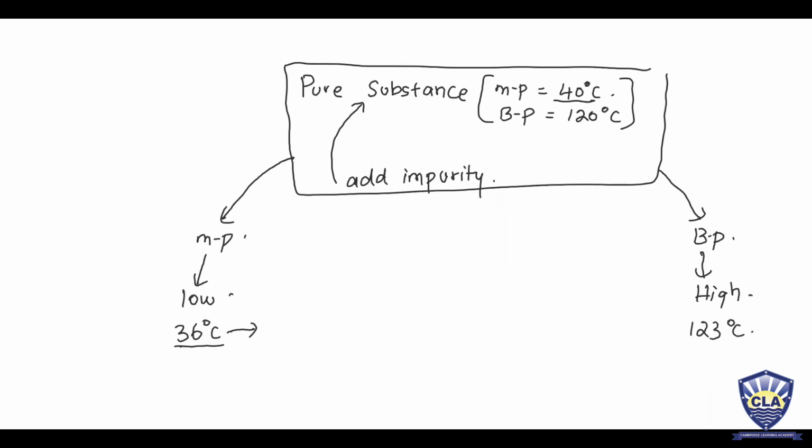I am just giving you one example in our daily life. If you take pure water and you are going to boil it, it will boil at 100 degrees Celsius. That is its boiling point, and its melting point is 0 degrees Celsius. We are talking about water. If you are going to add salt inside it and then melt it, that is, make ice of it, it will not melt at 0 degrees Celsius. It is going to melt at -4 degrees Celsius. Its melting point will decrease and its boiling point will increase. If you are going to boil it, it will not boil at 100 degrees Celsius.